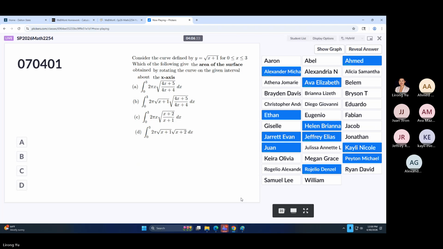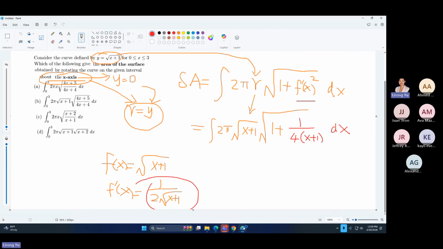Halfway finished. The integration limit is given by this, 0 to 3. This is the x variable, x is 0 to 3.